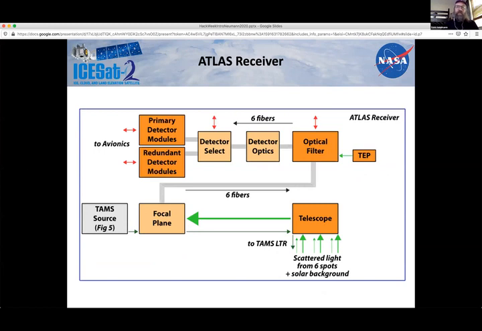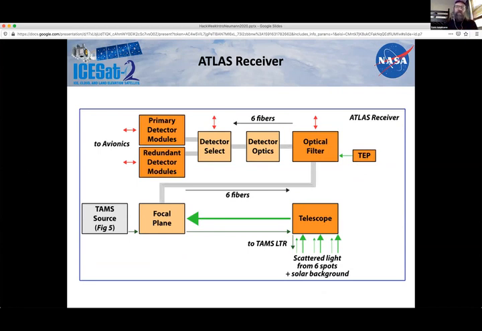This is a similar block diagram on the receive side. In the lower right, you see the arrows indicating the returned laser light coming back to ATLAS into the telescope. The telescope focuses the light onto the focal plane where those returning photons and returning light are coupled into 6 individual fiber optics. Those fiber optics go through a filter assembly that only allows green wavelength light through.